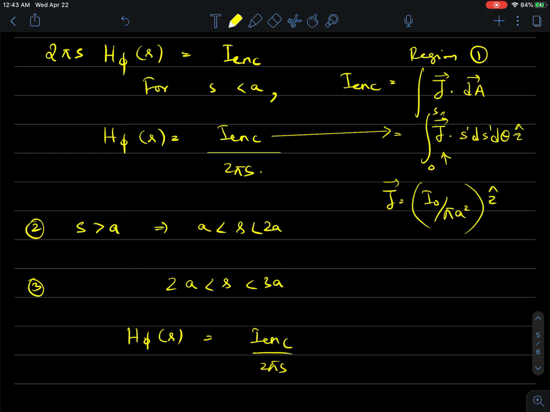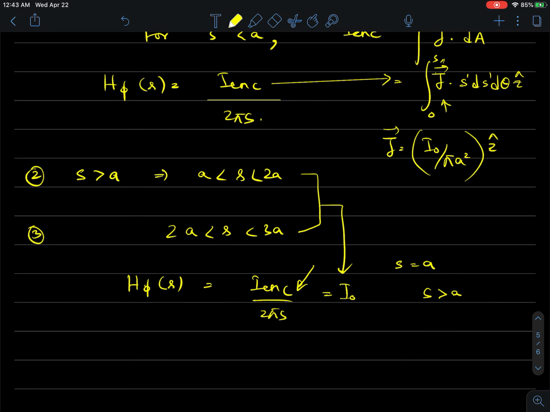But the I enclosed does not change in either case, because current was only flowing until s was equal to a. Anything beyond a, there is no additional current flowing. So I enclosed is the same I naught that's given.